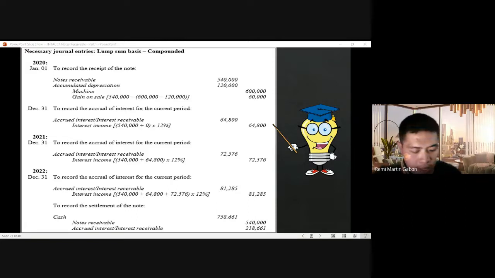The total interest is simply computed as the 64,800 of 2020, 72,576 of 2021, and 81,285 of 2022. That should total 218,661. Then plus 540,000, debit to cash is 758,661.